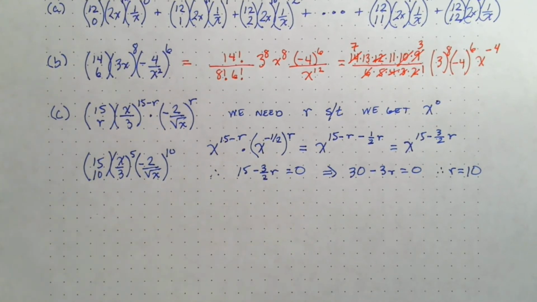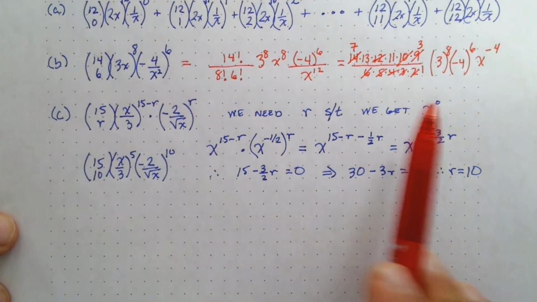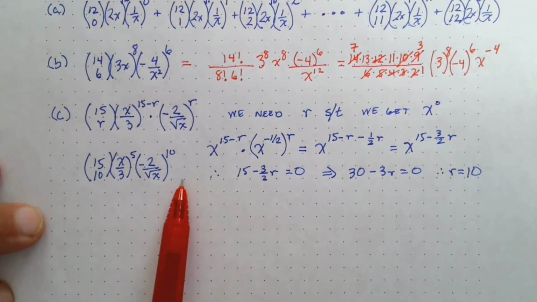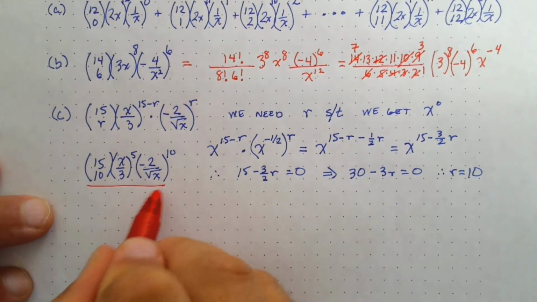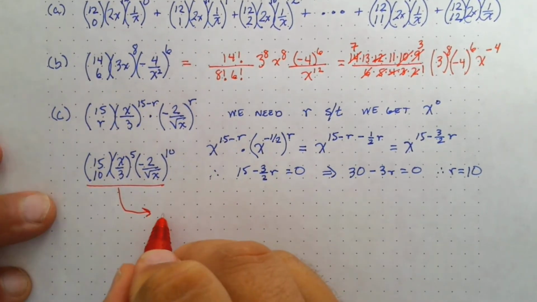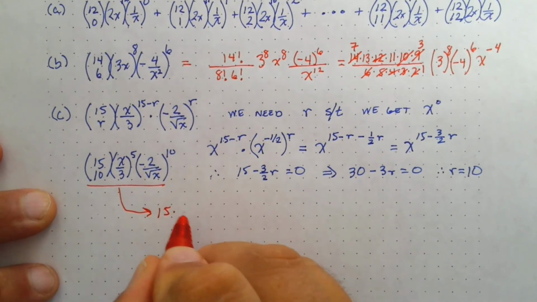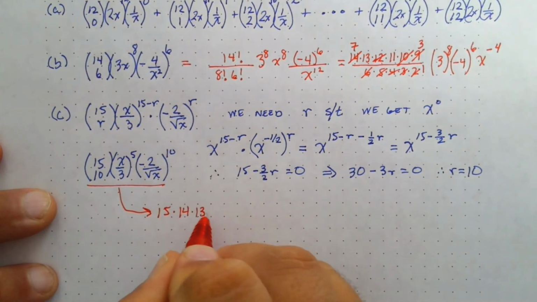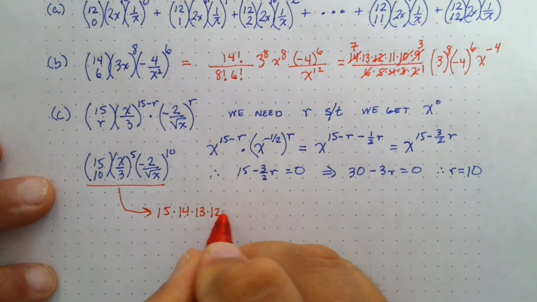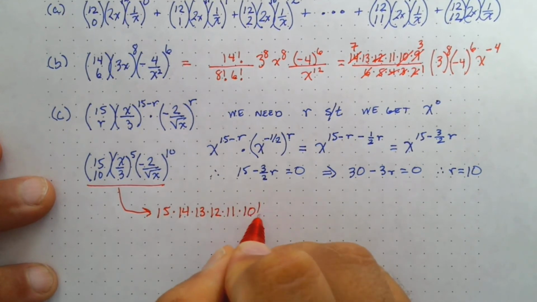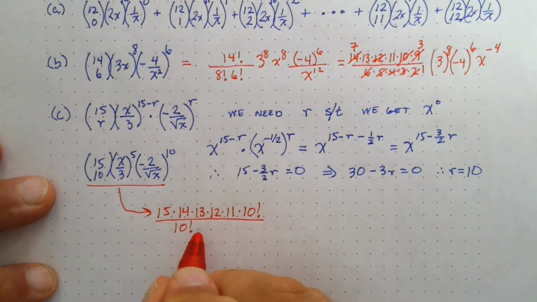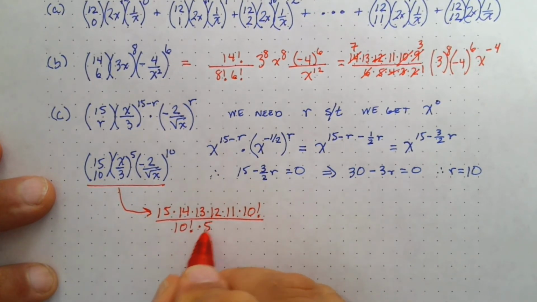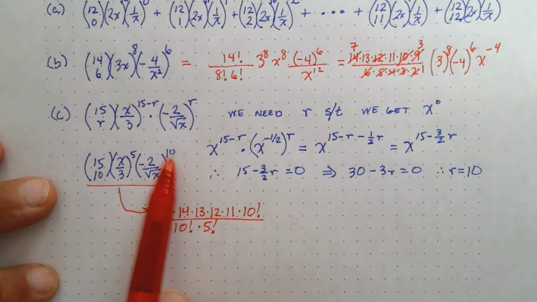Now, we aren't asked to find the constant in the simplest terms, but if I wanted to proceed further, I'm going to have 15 times 14 times 13 times 12 times 11 times 10 factorial, because that's 15 factorial, divided by 10 factorial times 5 factorial, right? The 10 and the 5.